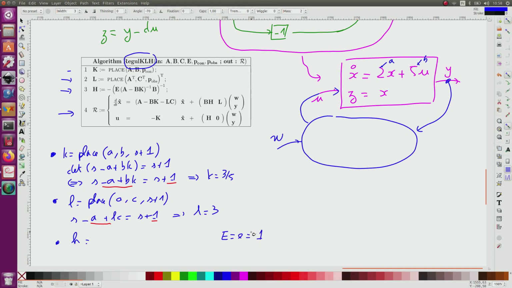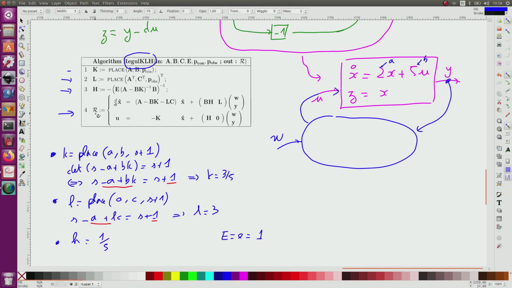I will take it equal to 1. As a consequence, the precompensator is given by this quantity. So I know A, I know B, I know K now, and I get that H is equal to 1 divided by 5.